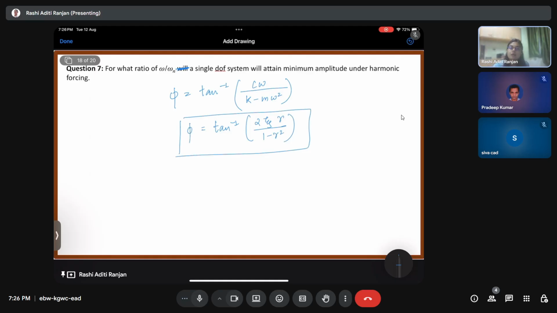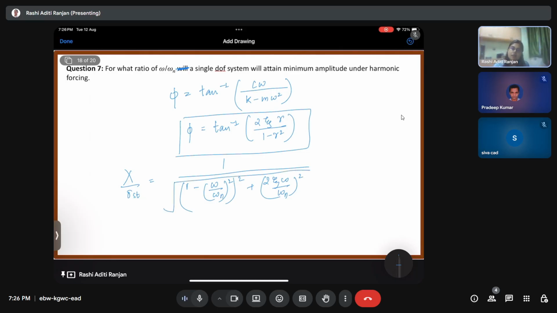So now it is asking us about the amplitude. The amplitude was what? X by delta st equals 1 over the square root of (1 minus omega by omega n whole square) whole square plus (2 eta omega by omega n) whole square.